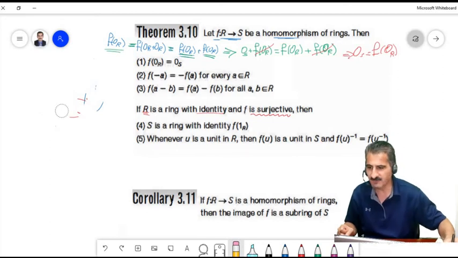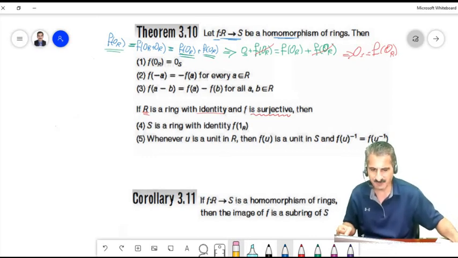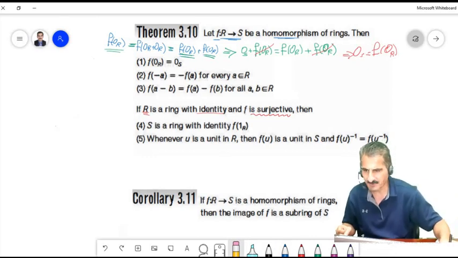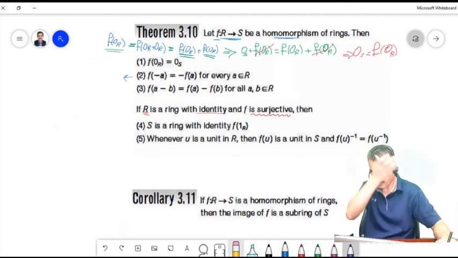The image of the additive inverse is the additive inverse of the image. Okay, the eraser is going very slowly. So let's prove this part here.